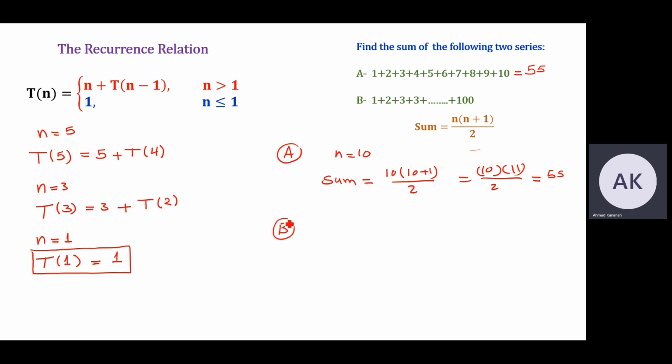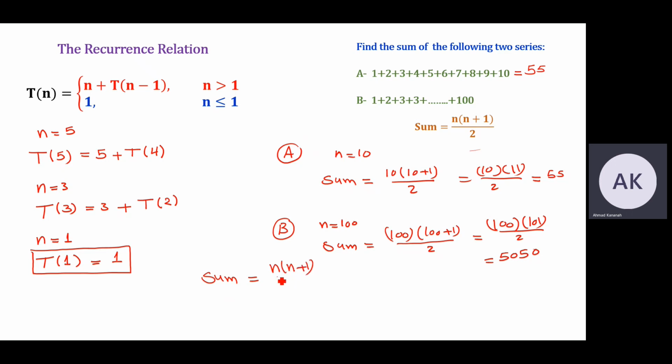Let us apply the same formula on the second series. How many elements? 100. So n equals 100. Sum equals 100 multiplied by (100 plus 1) over 2, which is 100 multiplied by 101 over 2, which equals 5050. So you can apply this: sum equals n multiplied by (n plus 1) over 2.